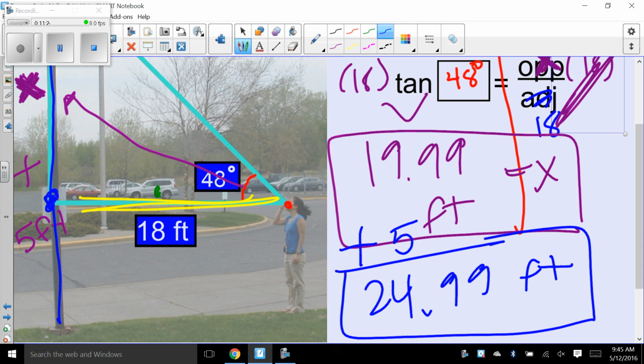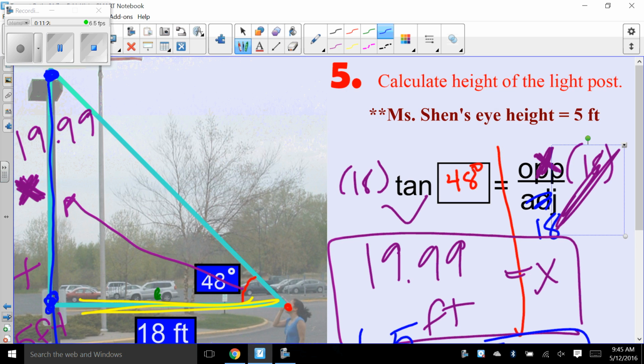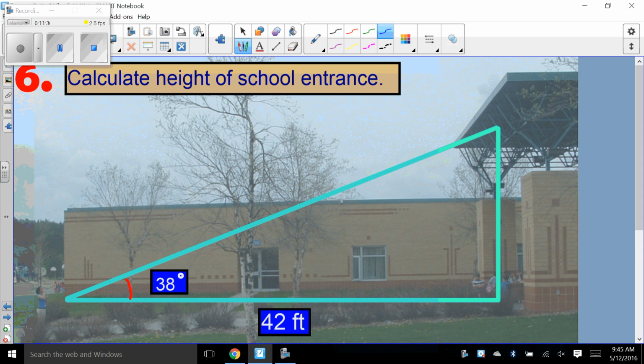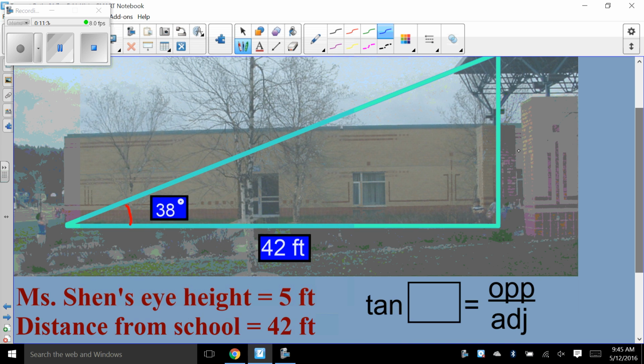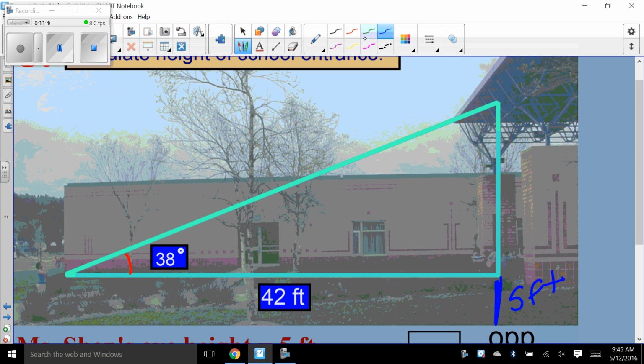All right, example 6. Now we have the school entrance. Same kind of scenario. We do have to account for the 5 feet that she's measuring from her eyeballs. And then what is the additional height here? We're going to call it x.